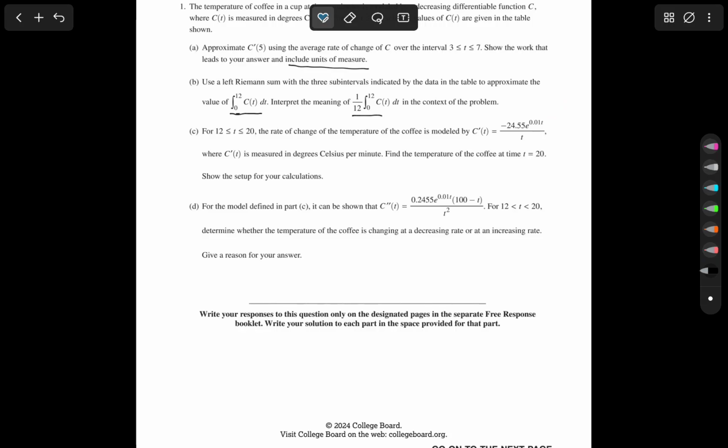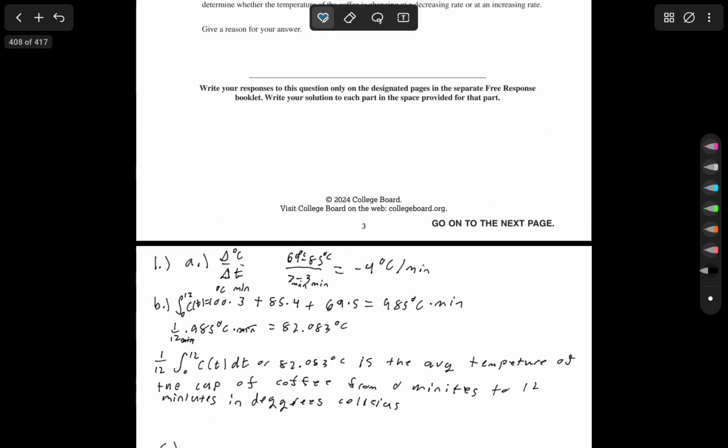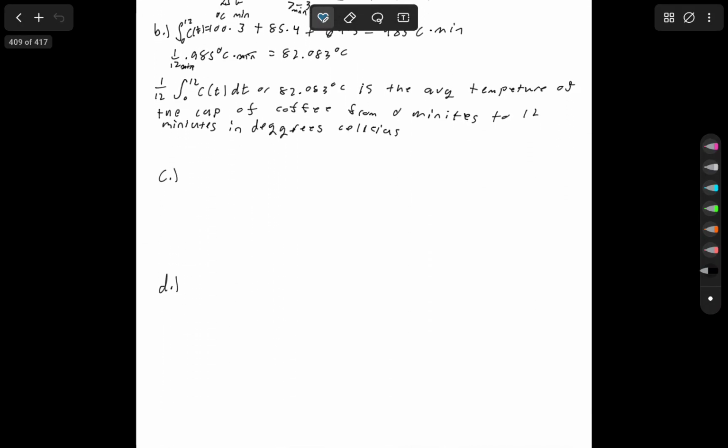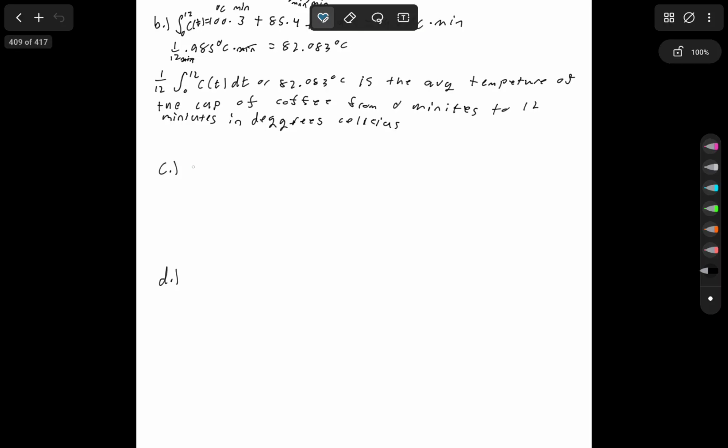All right. So this is kind of where you can start thinking of this as a differential equation. So C of t is going to be equal to an integral from 12 to t of C prime of x, it's a dummy variable, dx.